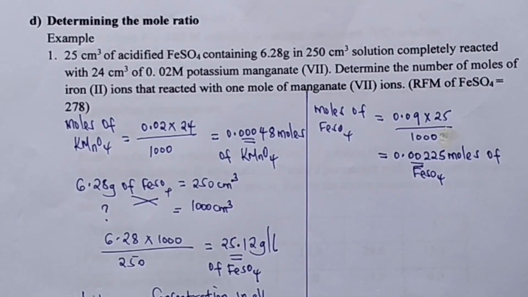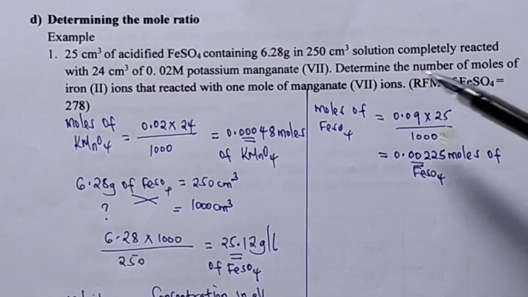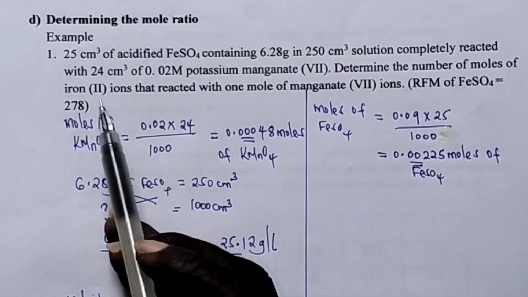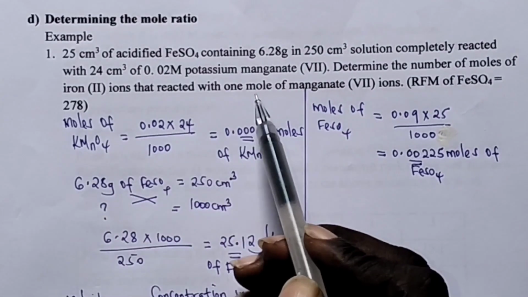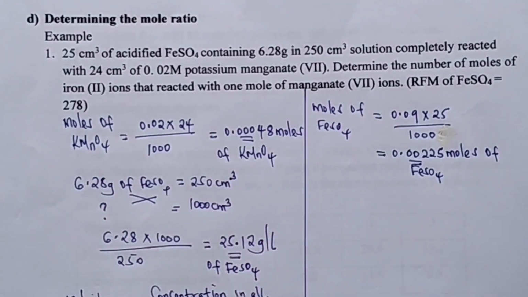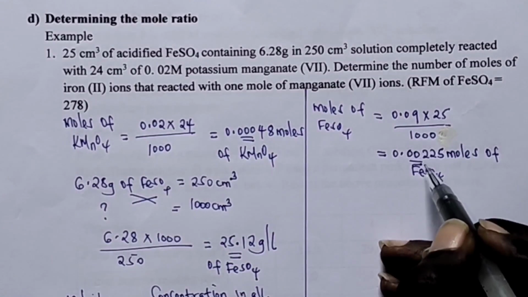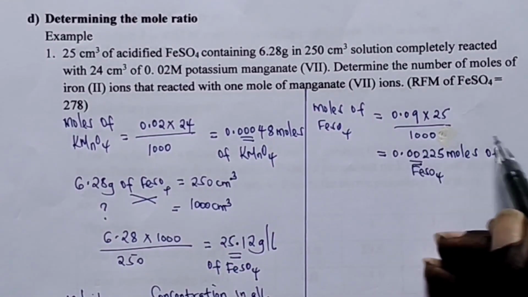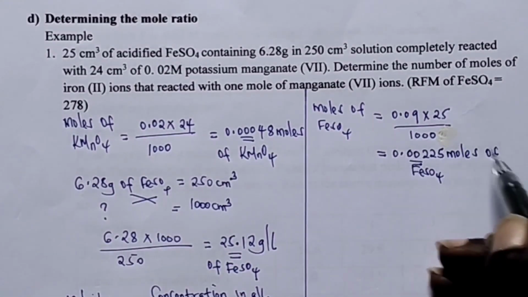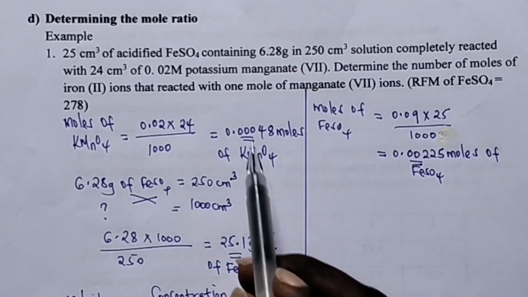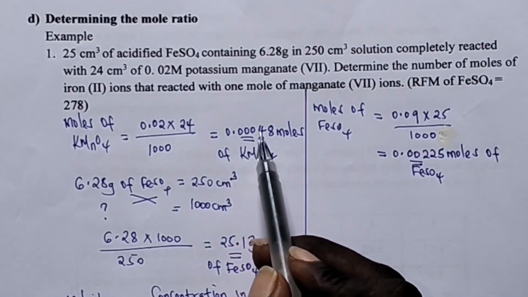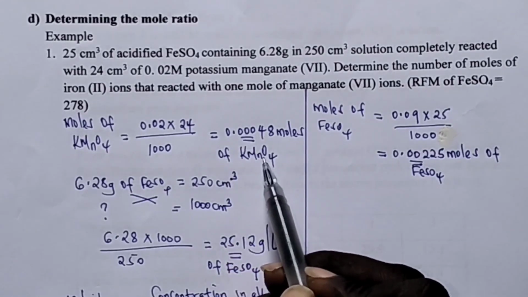So if we check, we have gotten the number of moles of iron 2 sulfate. The question was determining the number of moles of iron 2 ions that reacted with 1 mole of manganate 7 ions. So this number of moles of iron 2 sulfate has reacted with the 0.00048 moles of potassium manganate 7.